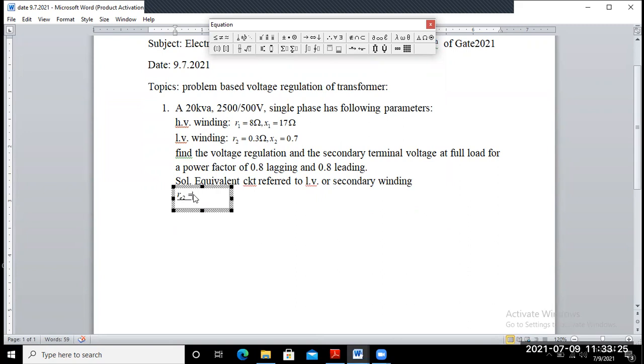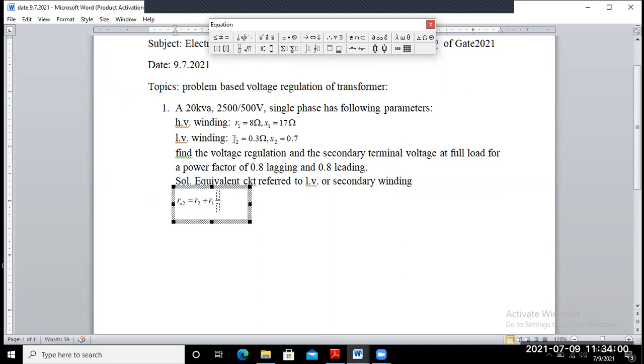How can we transfer the primary side resistance to the secondary side? R1 into N2 by N1 whole square, is it not?